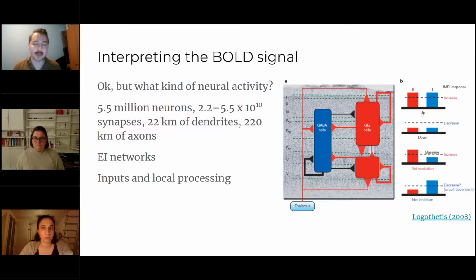We're not really measuring the action potentials that are generated and travel from that location. This might seem unimportant, but it is quite crucial in how we interpret the BOLD signal. For example, if you also follow the reinforcement learning lecture that I'm going to give in a couple of weeks, we'll see that this has some important implications when we interpret the kinds of fMRI research that has been done in that area.